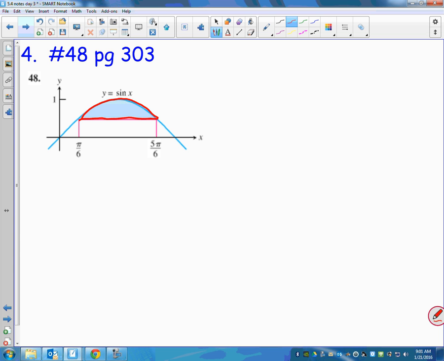What is a semicircle? What if I did the integral of sine of x? Well, first of all, what would my bounds be? Definitely pi/6 to 5pi/6.